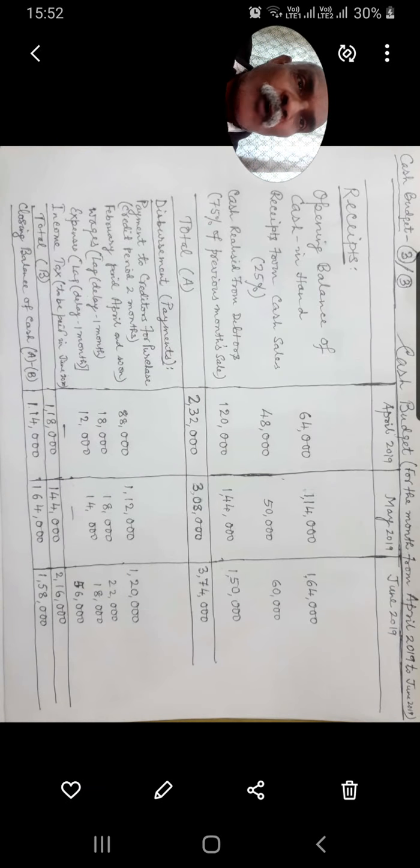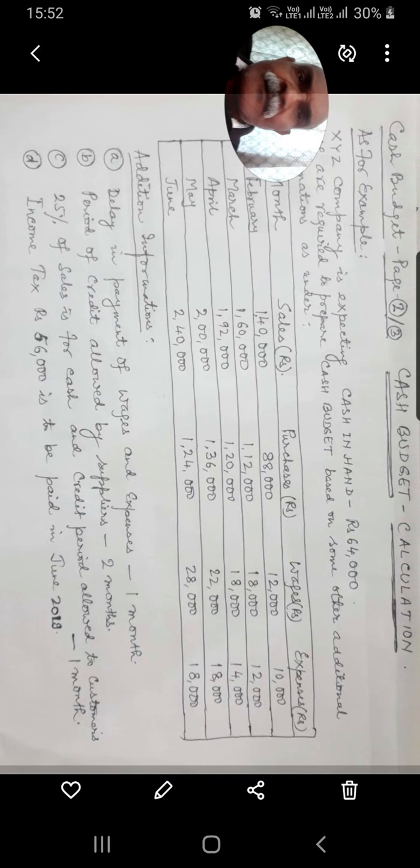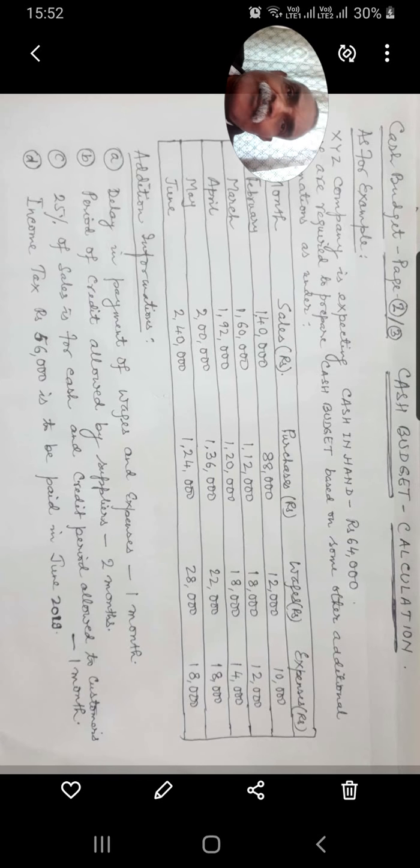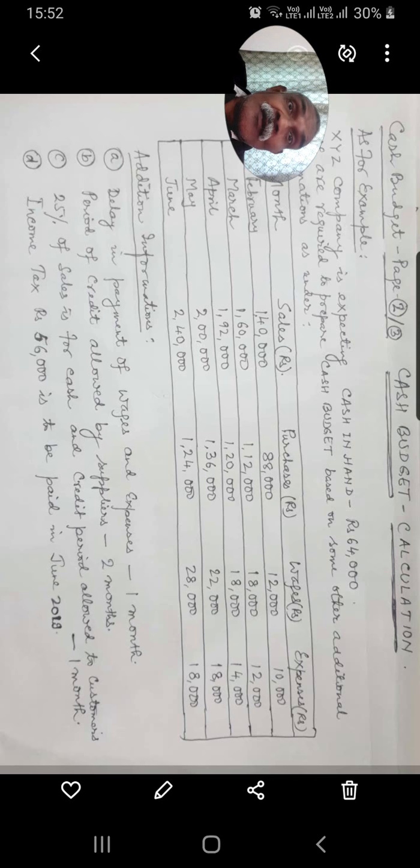Now come to one example. I would like to discuss one example. With the help of this, you can easily understand the cash budget, and it is easy for you to prepare the cash budget.